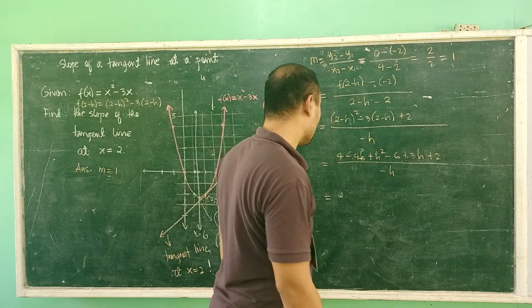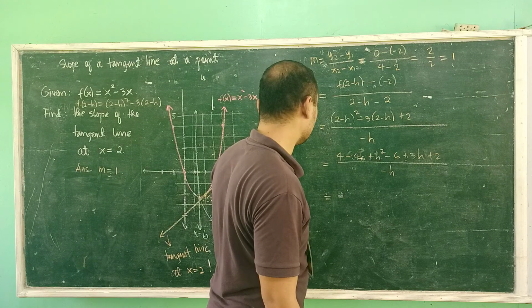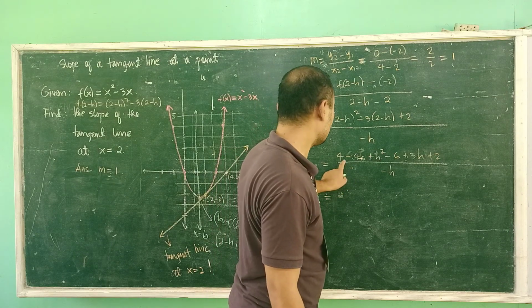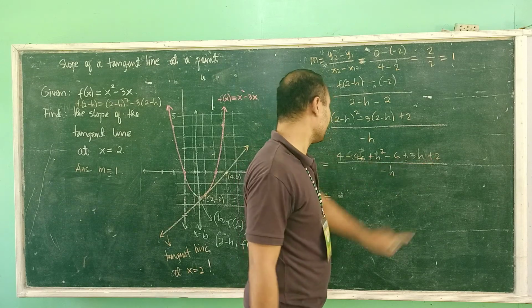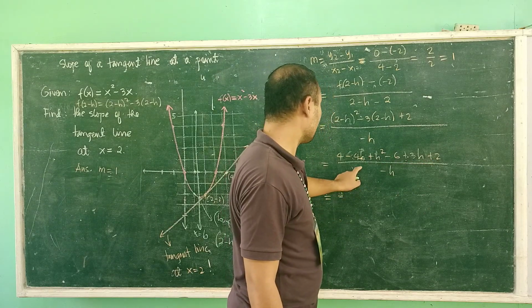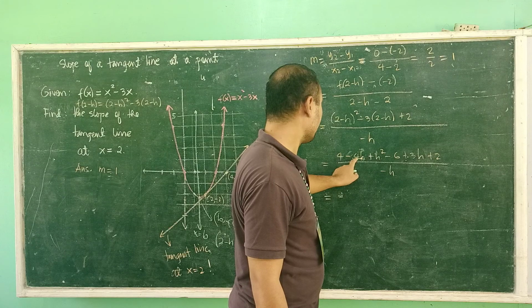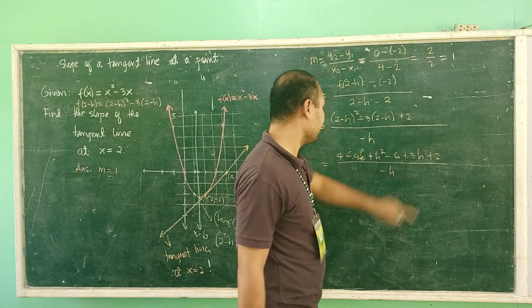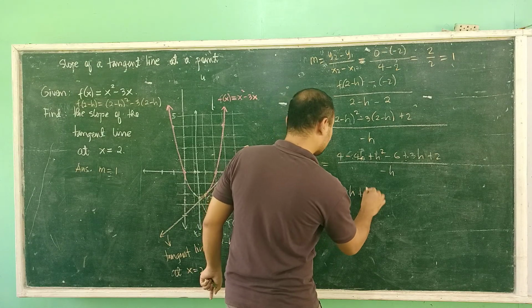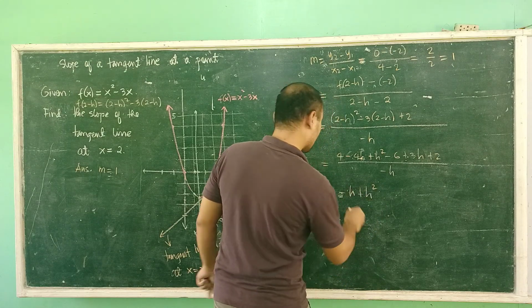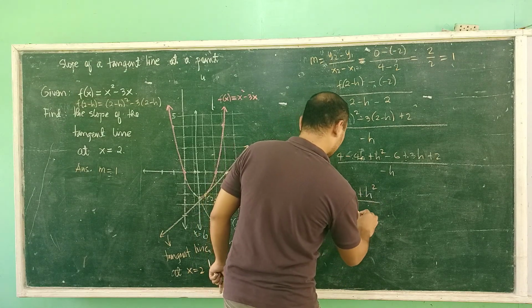So what is left is 4 minus 6, that's negative 2, plus 2, that's 0. And then you have negative 4h plus 3h, so that's negative h, plus h squared, all over negative h.